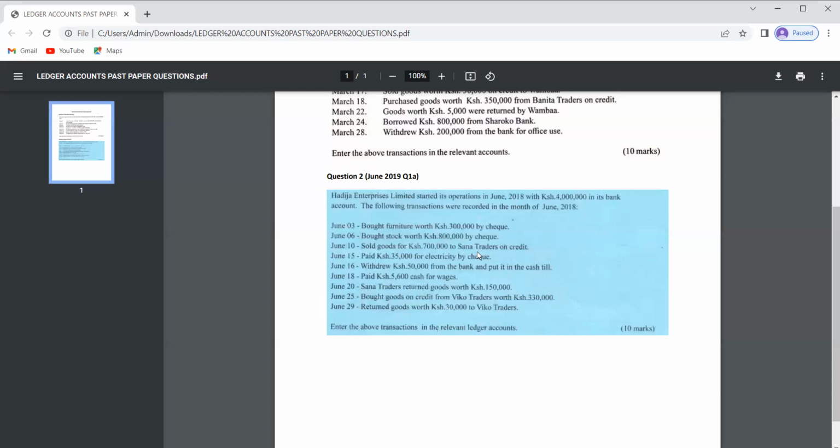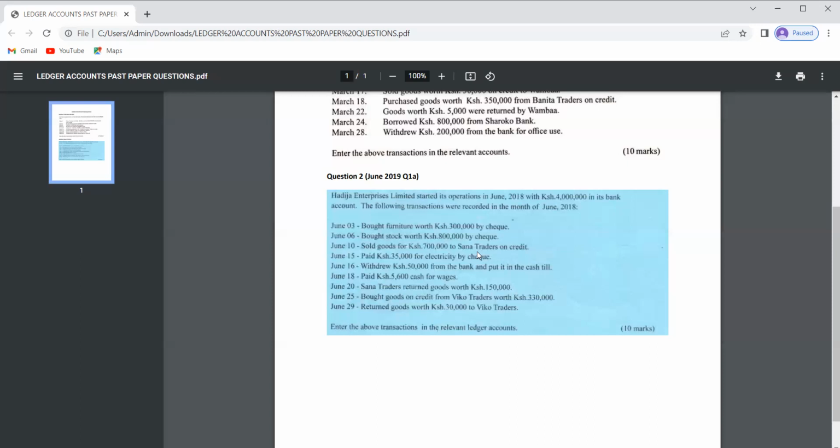On 6th, somebody else to try. Bought stock worth 800 by check. Remember, stock is the same as bought goods. We open a purchase account, Mwalimu, and the bank account, by check.